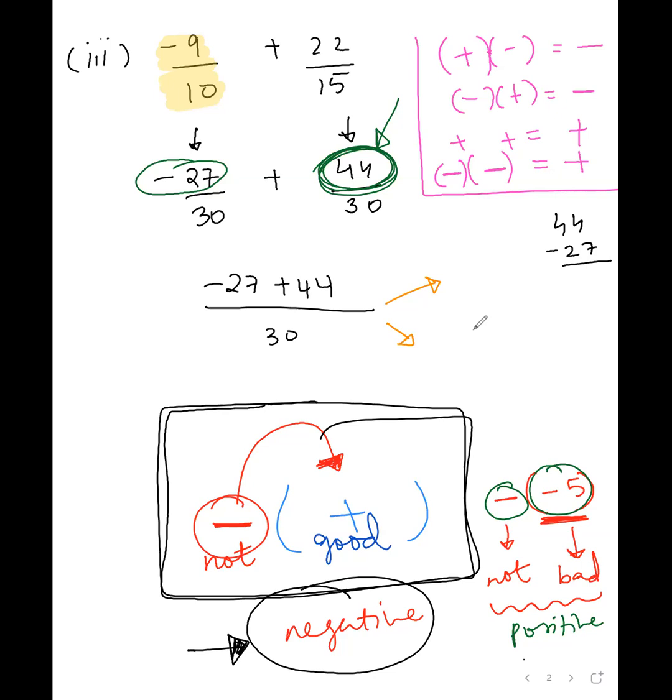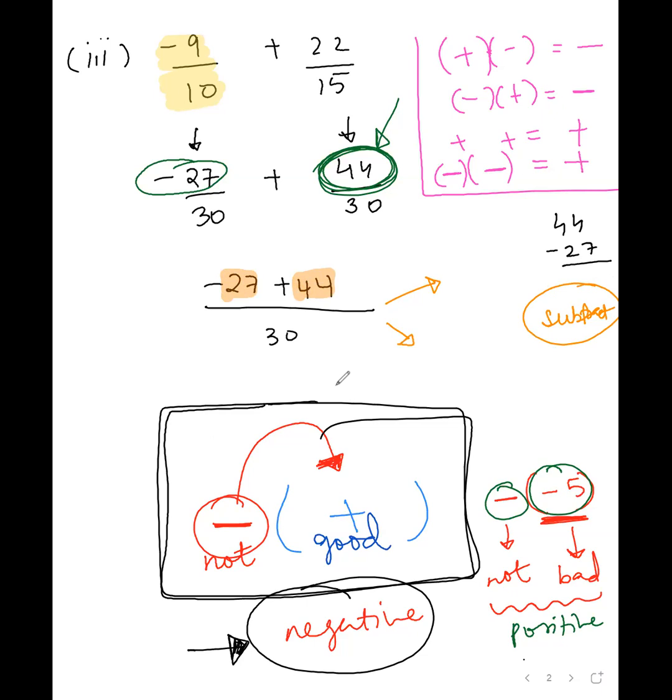If it's negative and positive, then we will subtract. Very good. So we subtract these two numbers. Just look at these two numbers and forget about the signs for now. This is called magnitude, by the way. I didn't want to confuse you, so I didn't want to use these terms.